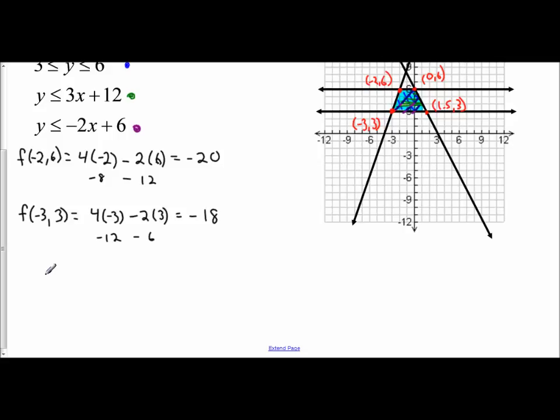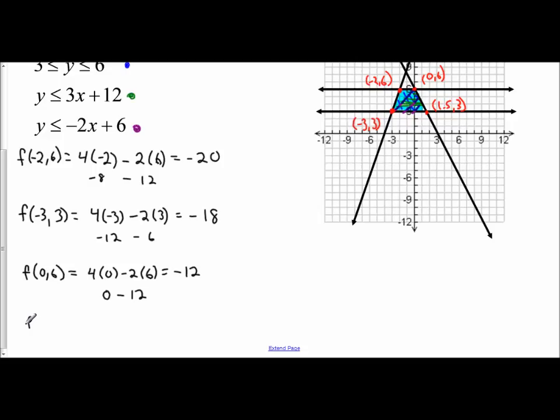So I have f, the function, at the coordinate 0, 6, is going to be 4 times my x, which is 0, minus 2 times my y, which is 6. And that's going to give me 4 times 0 is 0, -2 times 6 is -12, and so 0 minus 12 is -12.